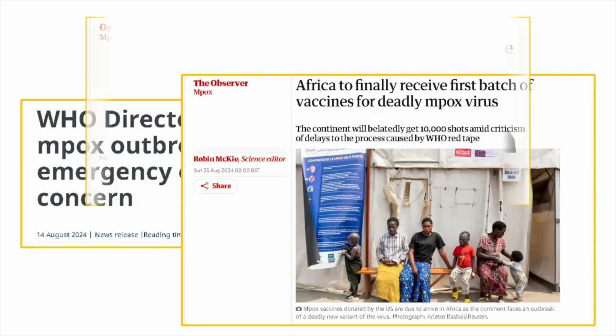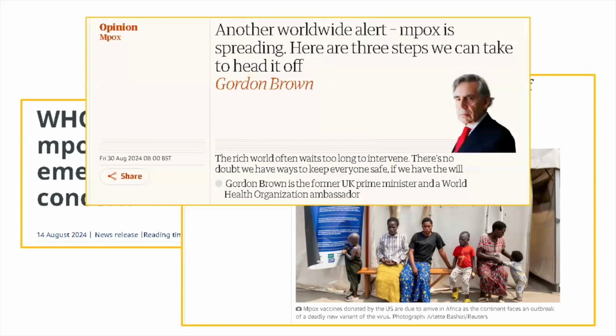This is also what pushed people like Gordon Brown, the former Prime Minister in the UK, to write in this weekend's papers about the need to stand together, and he was pointing to some steps to head off the disaster of mpox or stop mpox from spreading around the world again. So this is what is happening.